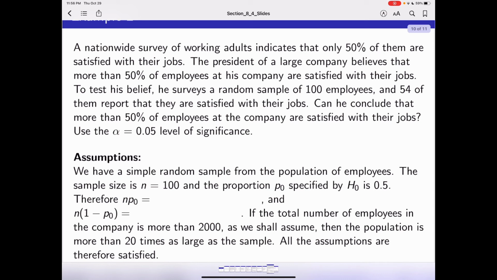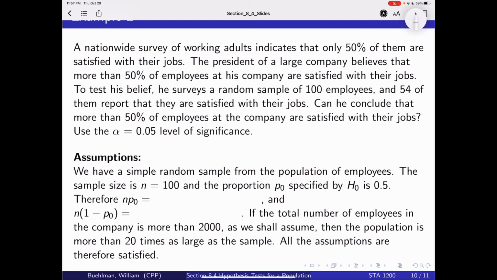The sample size n is 100, and the proportion specified by the null is 0.5. Therefore, n times p0 is 100 times 0.5, which equals 50, which is greater than 10, and n times 1 minus p0 is 100 times 1 minus 0.5, which also equals 50, which is greater than 10, so that assumption is checked off.